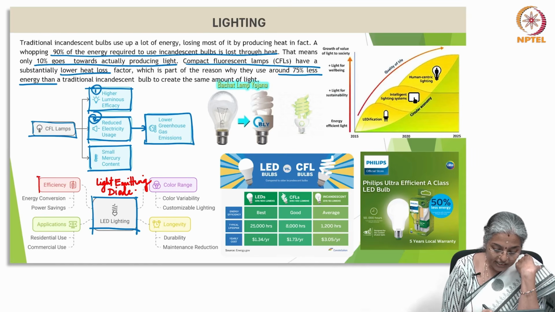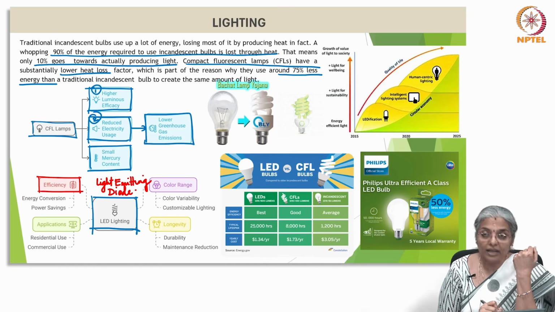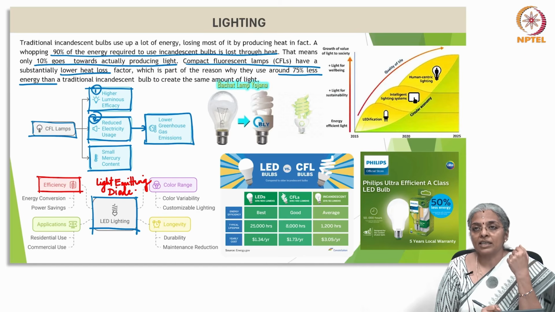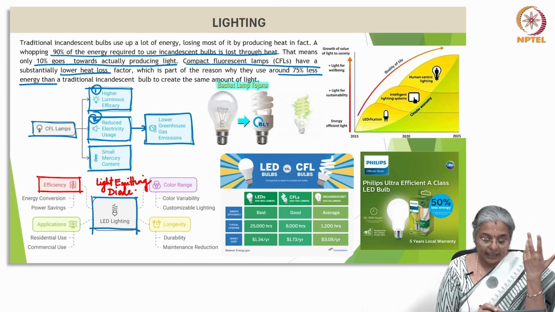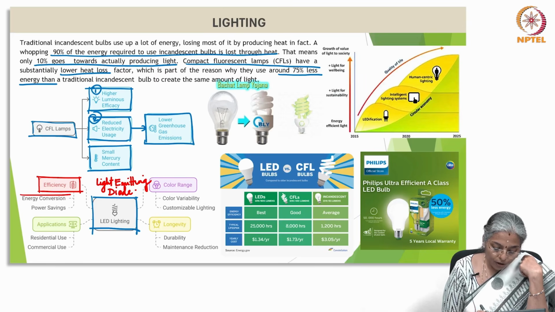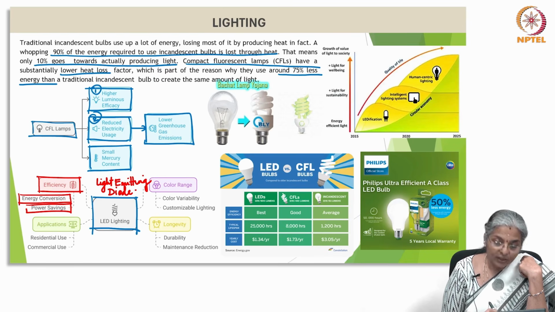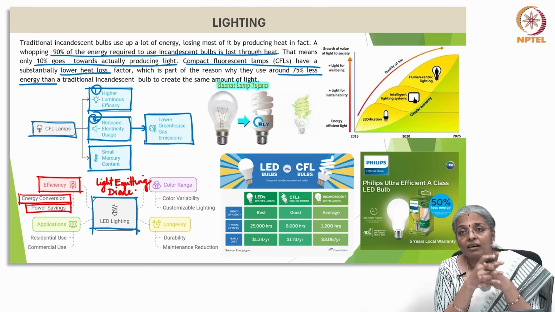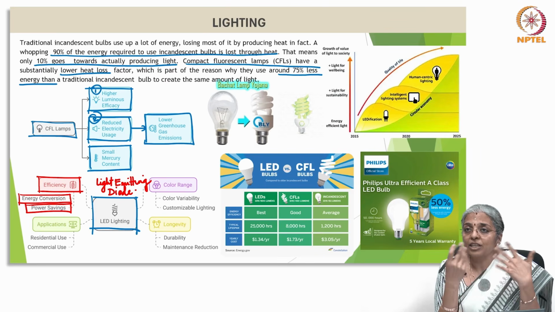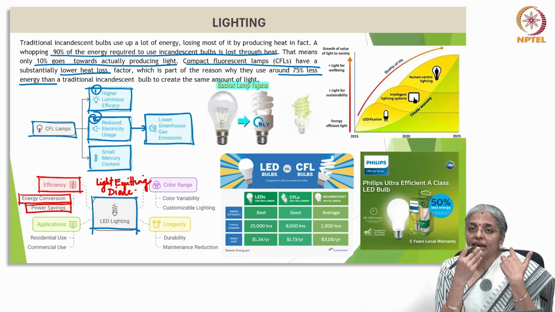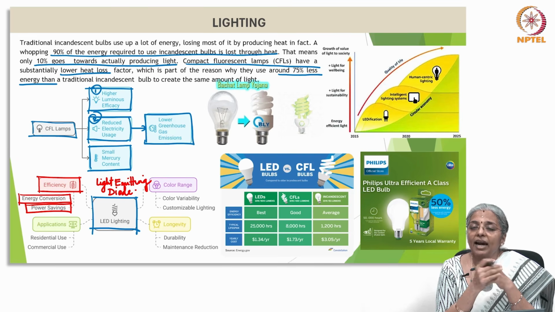So, efficiency is one of its hallmarks. Because it is efficient, it can lead to a lot of energy savings, also a lot of power savings. They are available in a range of colors. They have long lifespan and they provide a number of application areas.